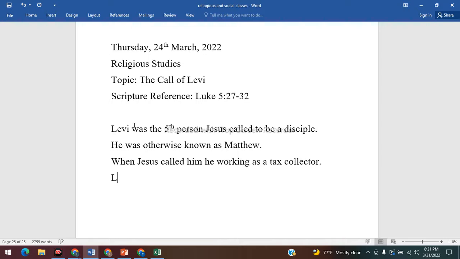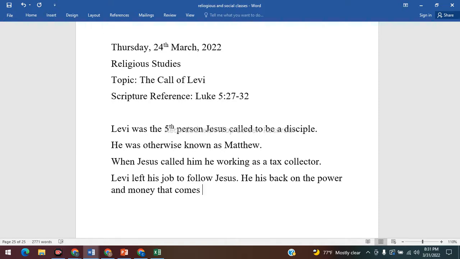Now, Levi left his job to follow Jesus. He turned his back on the power and the money that comes from being a tax collector.